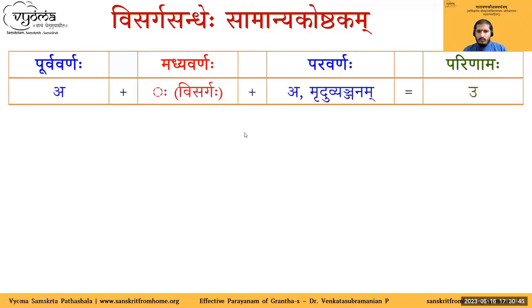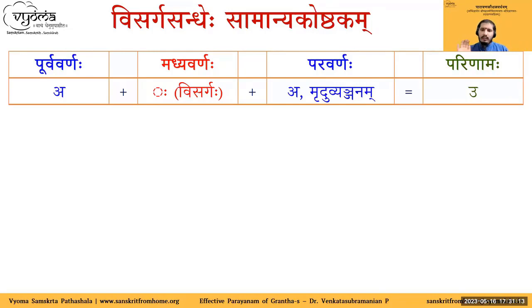So the first combination is, in the purvarna, we have akara, hraswa A. And in the madhyavarna, we should have visarga, it's obvious. And paravarna, if we have A, or the mrudu vyanjanas. A refers to the hraswa akara. It doesn't include A also. Please note that.